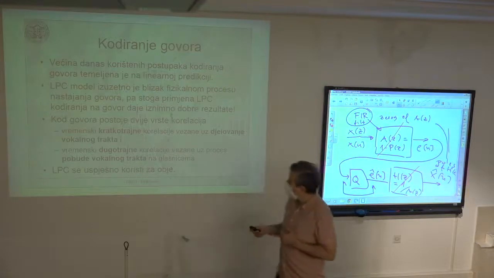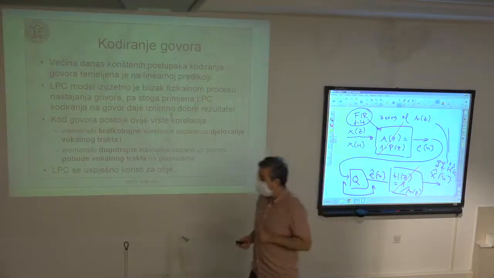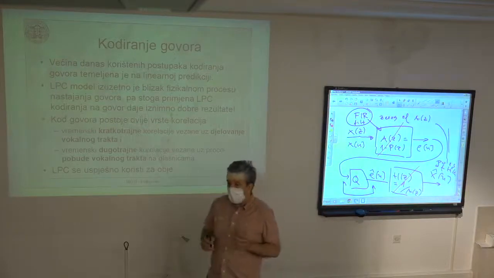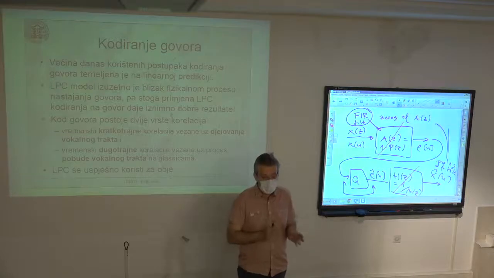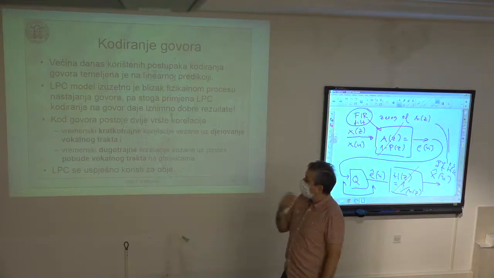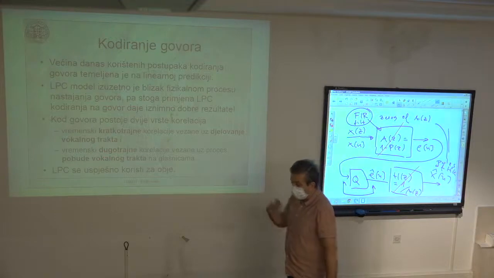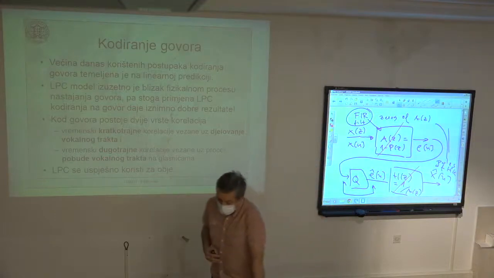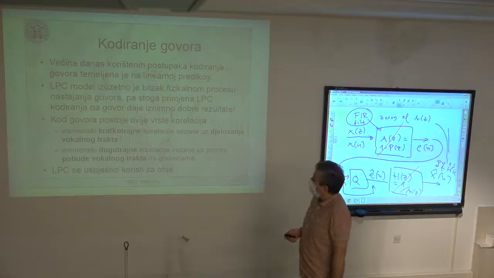On the other hand, for female voices or for child voices, this frequency is much higher. It can be up to maybe 300 hertz. So 50 or 60 hertz is the lowest fundamental frequency of the vocal cords vibration, up to maybe 200 or 300 hertz for very high-pitched female voices or for high-pitched child voices.